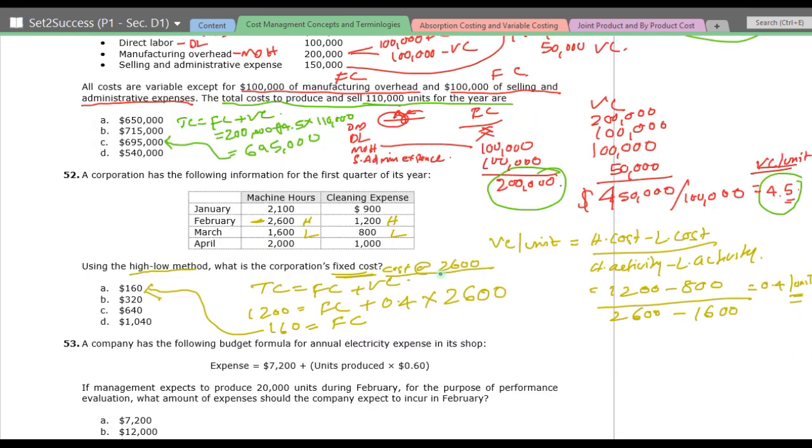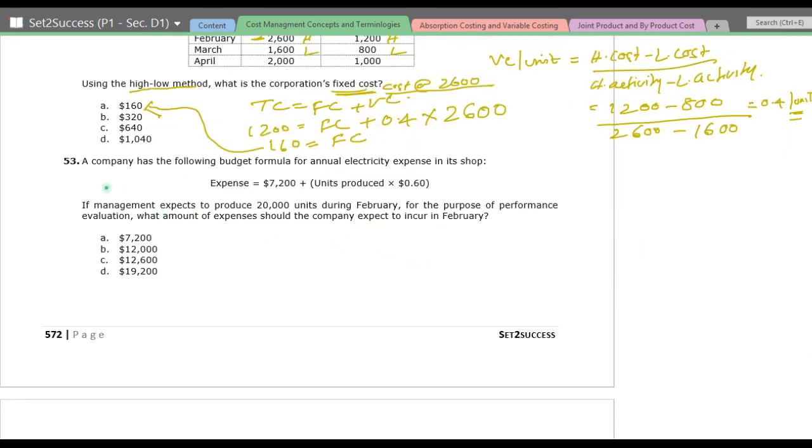Next, a company has the following budget formula for the electricity expense in its shop. This is annual. Annual electricity expense in its shop is 7,200. This is yearly expense, 7,200, plus units produced into 0.6.